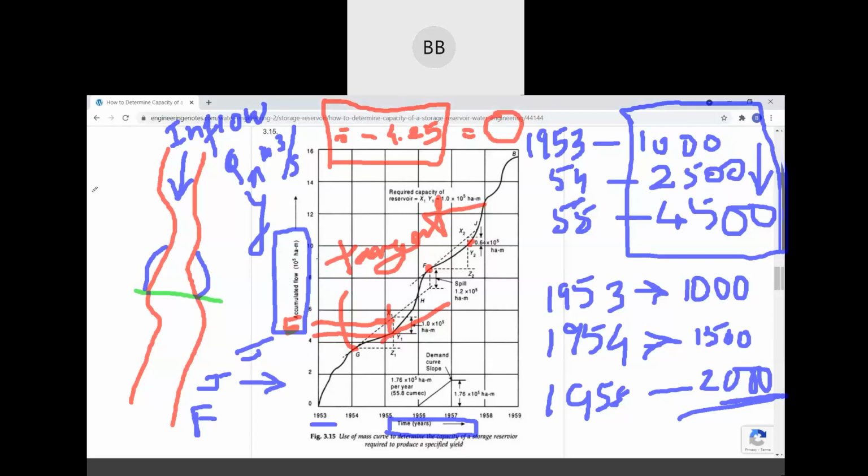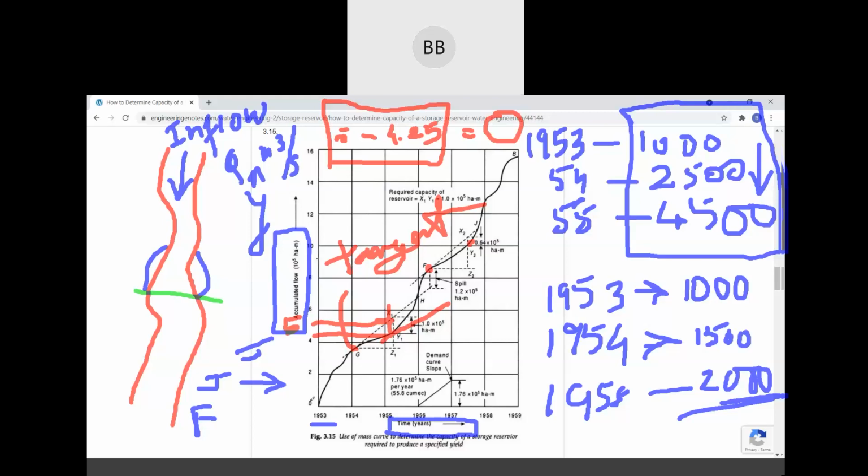So you can draw this diagram. That graph you roughly draw. First you put the y-axis and x-axis. On the x-axis you put time, here we have taken it in terms of years, and on the y-axis we have taken accumulated inflow. Then you draw one graph: first it will rise some part, then it will come a little bit down towards a dry point, and then again it will increase and decrease.